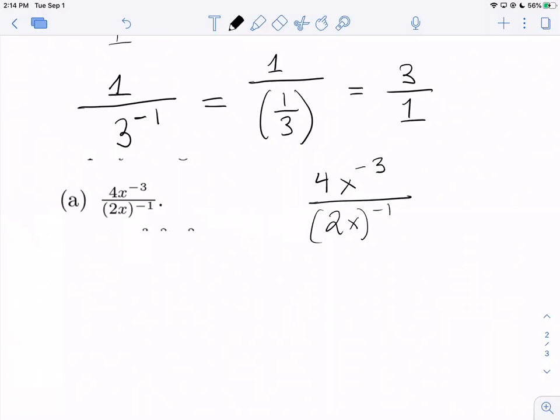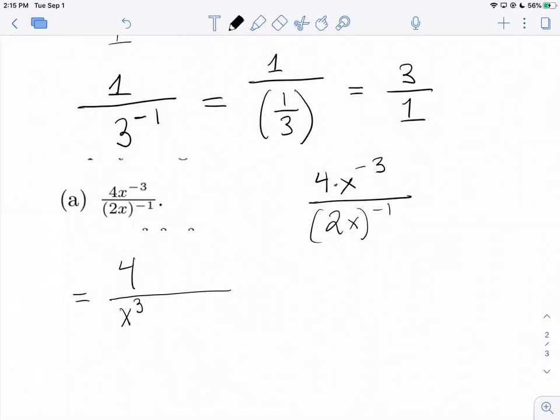So how can we think about this? Well, the 4x to the minus 3, there's no parentheses here, so this is really 4 times x to the minus 3. And you can just do this step by step. The x to the minus 3 tells us that x cubed has to go into the denominator. So we have 4 x to the third.